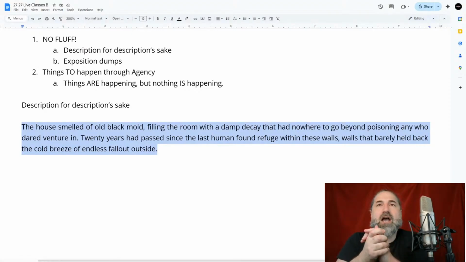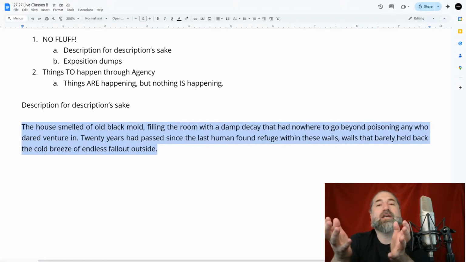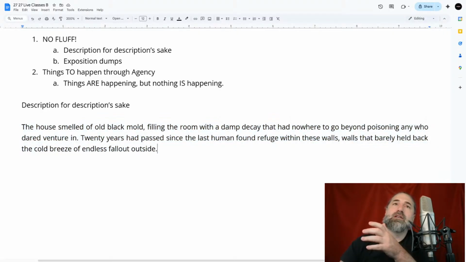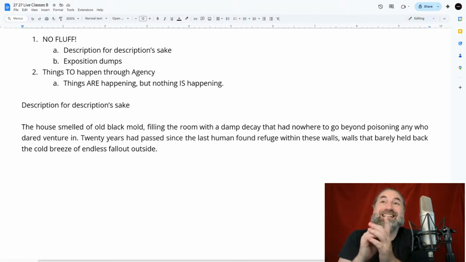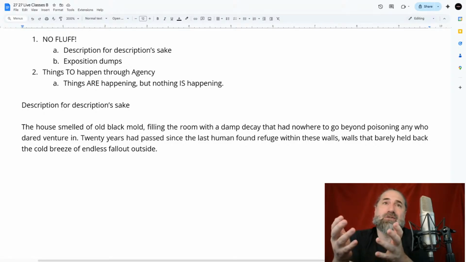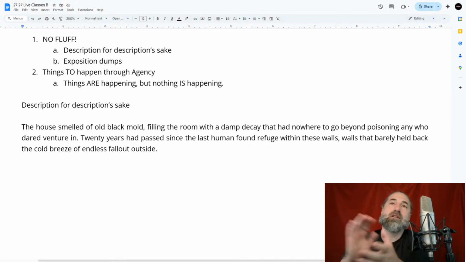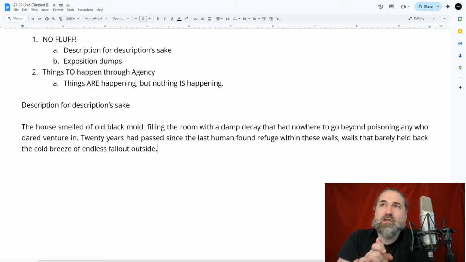So describing things because it is not a movie takes away the agency of why things are being described. They should be described because it's through the character's POV. But this is doing nothing. This is just description. The house smelled of old black mold, filling the room with a damp decay that had nowhere to go beyond poisoning any who dare venture in. 20 years had passed since the last human found refuge within these walls that barely held back the cold breeze of endless fallout.